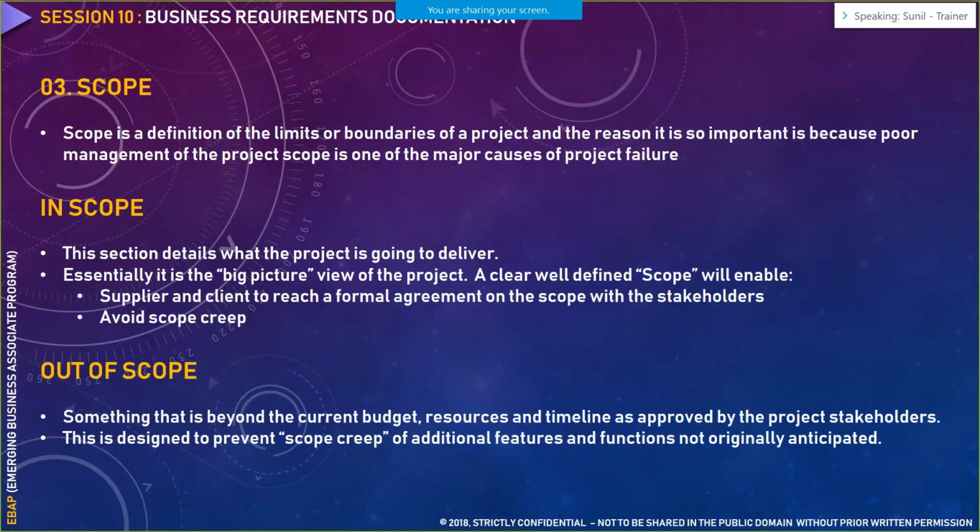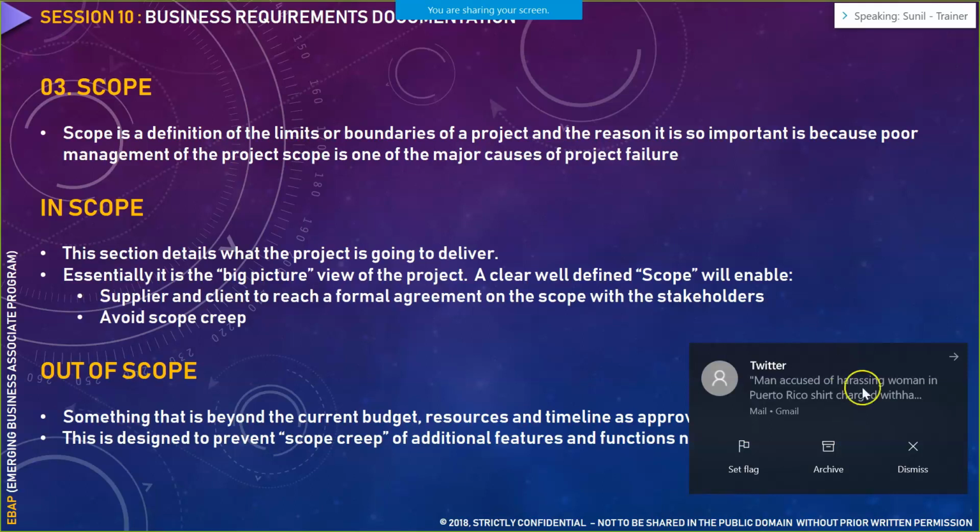Now, the third element in a business requirement document is your scope. So scope is essentially the limits or the boundaries of your project. Boundaries as in what is the context of the project, what is the overall scope of that particular project at a higher level. For example, you are developing a particular portal.